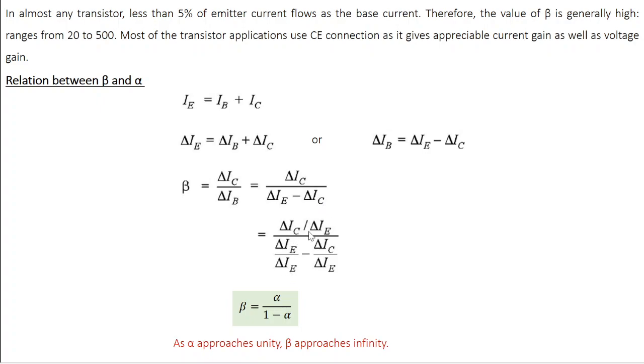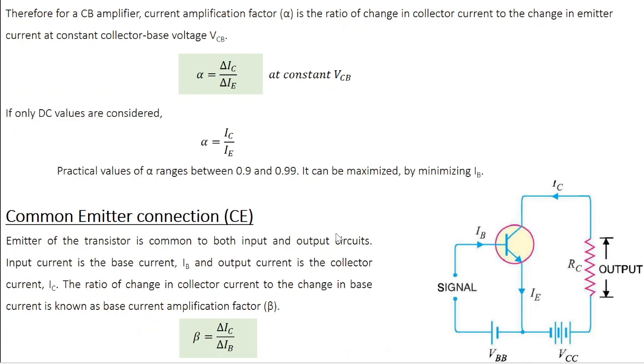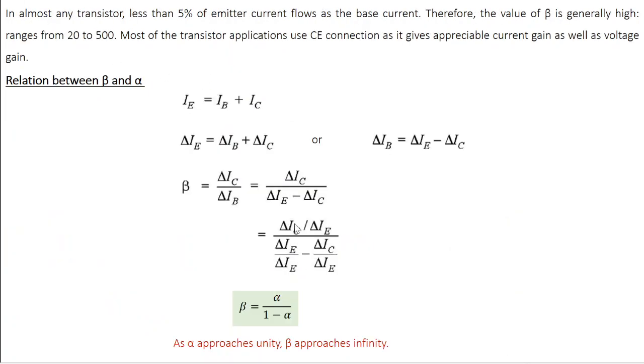Now delta IC by delta IE is nothing but alpha. So the numerator is alpha, this is 1 minus alpha. So beta equal to alpha divided by 1 minus alpha. So this is the relation between the current amplification factors of common emitter connection and common base connection.